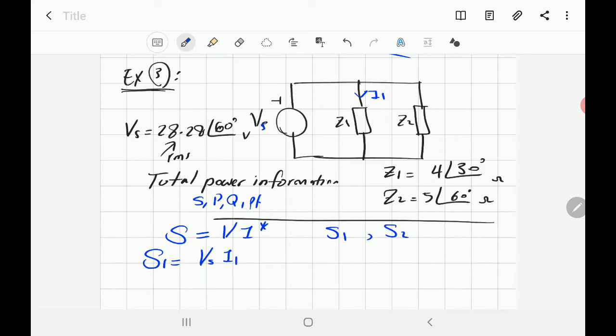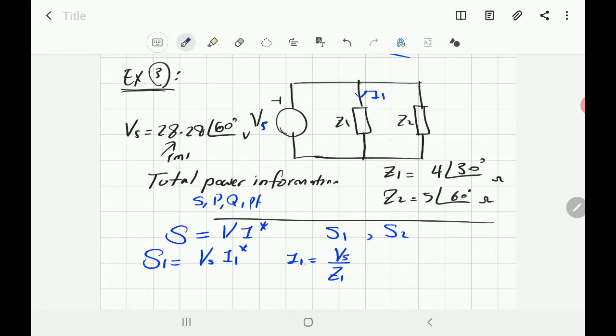So I will say I1 conjugate. But I don't know I1. Can you get I1? Yes, of course, but I don't want to get it now. I just want to find an expression to make it easy using only the voltage. So what's I1? Well, I1 is equal to the voltage divided by Z1, so V over Z1 as a vector, Vs.